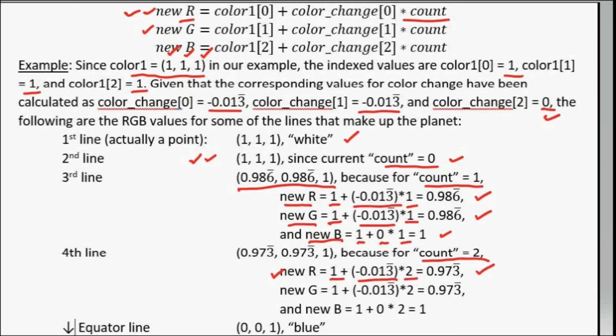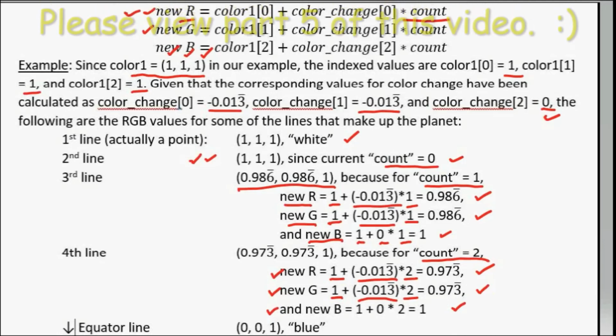It is 0.973 repeating. It's exactly the same as the new G. So we have 1 plus negative 0.013 repeating, multiplied by the 2, it is 0.973 repeating. But yes, as I mentioned a while ago, since the color change value for the blue is 0, the blue value 1 will not change as we go down the line.